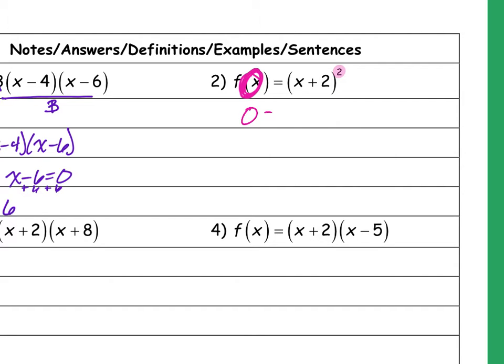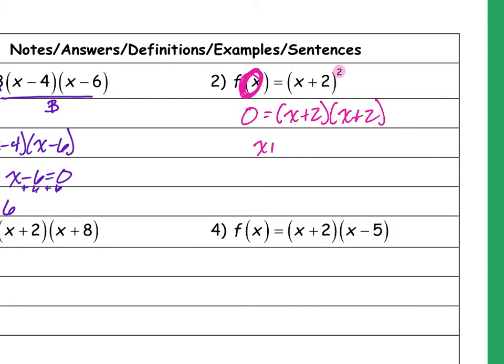So 0 equals x plus 2 times x plus 2. And that's what an exponent means. It means multiply it by itself, however many exponents you have. Now I have 2 things multiplied together that equals 0. So that means one of those things has to equal 0.